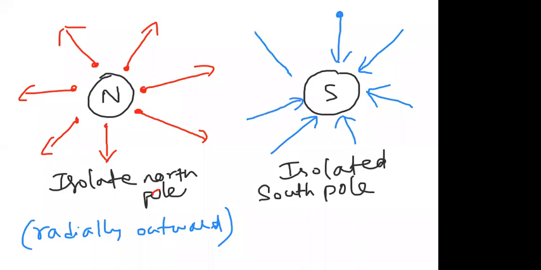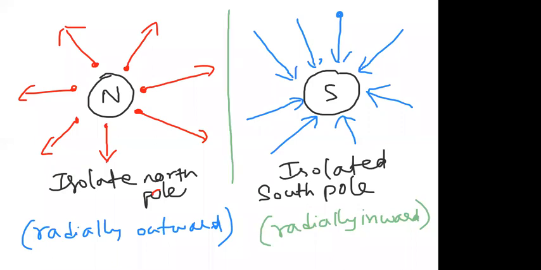The magnetic field lines are towards the south pole and away from the north pole.